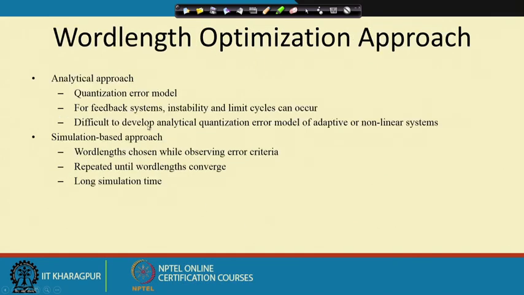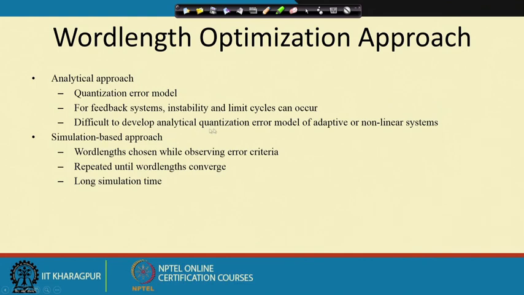Okay. So, to find the optimum word length, we can have two approaches: one is the analytical approach, another one is the simulation based approach. In the analytical approach, we have to develop a quantization error model for the feedback system. Instability and limit cycle can occur.